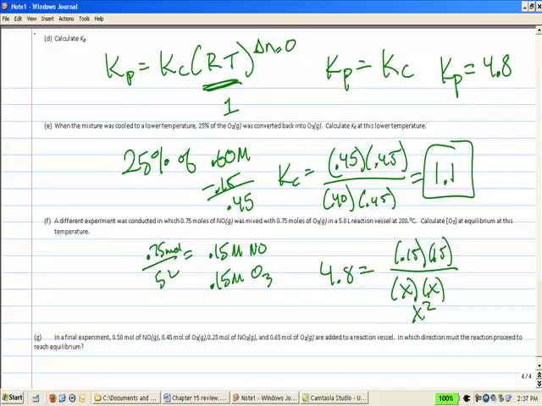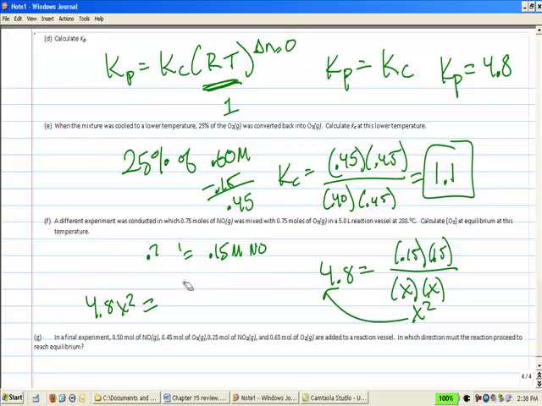X squared, we're going to move over to this side, so 4.8x squared is going to equal 0.15 times 0.15. So basically 0.15 squared equals 0.0225. Divide that by 4.8, we get 0.0046875, and then to get x, we have to take the square root of that value.